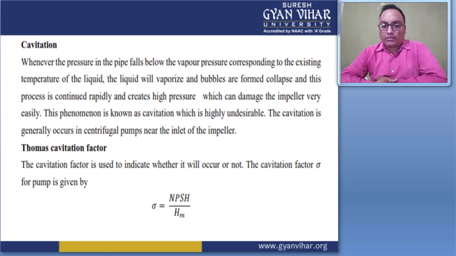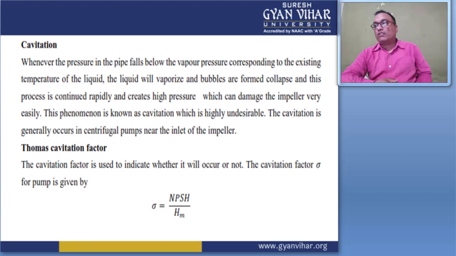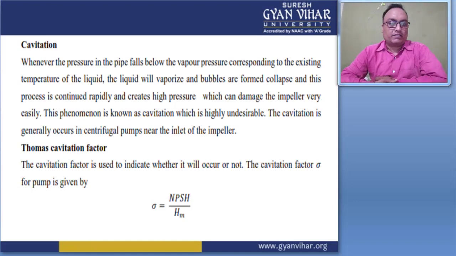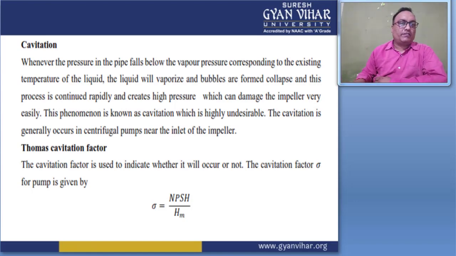The bubble collapse creates very high shock waves, and these shock waves damage the blade surface. So the cavitation factor is given by sigma equal to NPSH divided by Hm, right?